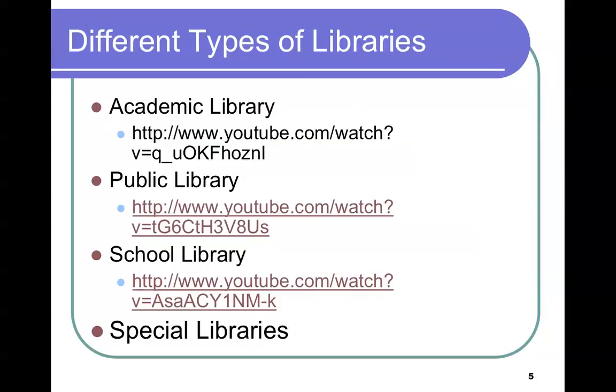Different types of libraries. In the classroom, I plan to show these three YouTube clips. There are many videos on YouTube, and these three are particularly chosen. The first one is a seminar that took place at UC Berkeley several years ago, when they started a conference about academic libraries.